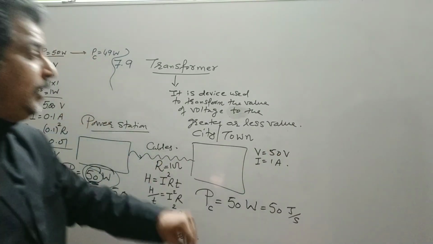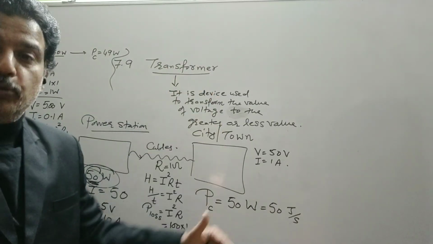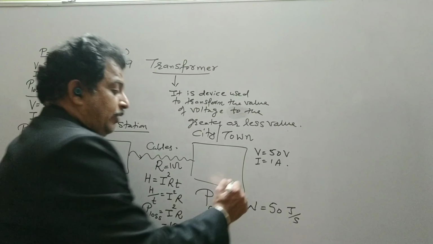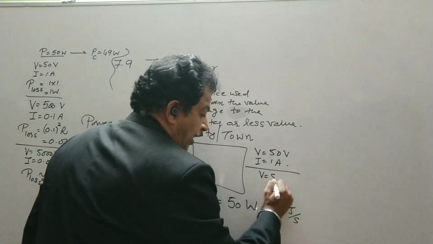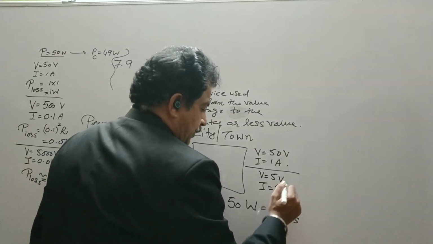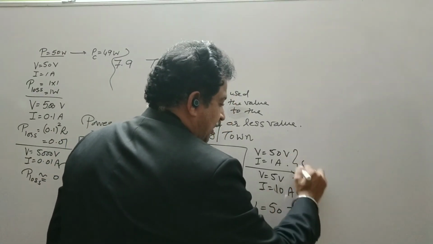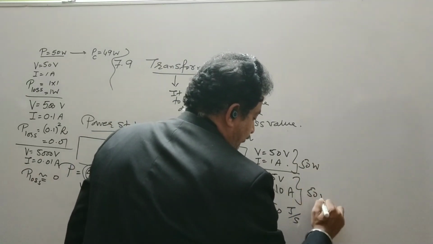Then again this device can be used to step down the voltage. So if I step down the voltage to 5 volt, the current will be equal to 10 ampere such that the product in both cases remains 50 watt.